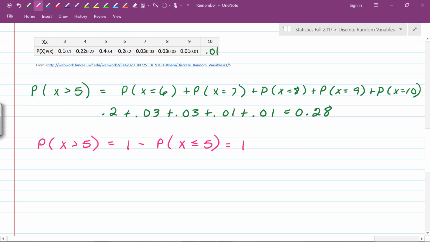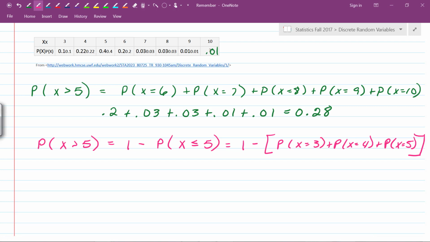So let's see here. This is equal to 1 minus the probability that x equals 3 plus the probability that x equals 4 plus the probability that x equals 5. Okay, so that is going to be equal to 1 minus, let's see what we have here, the probability that x equals 3 is 0.1. Probability that x equals 4 is 0.22.